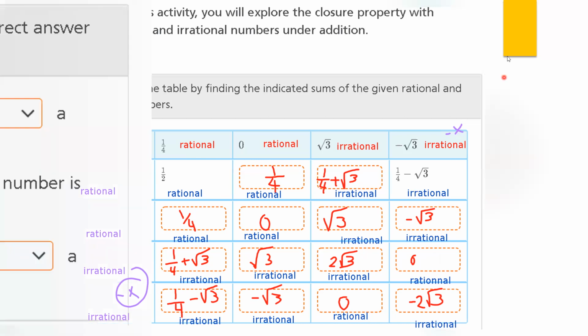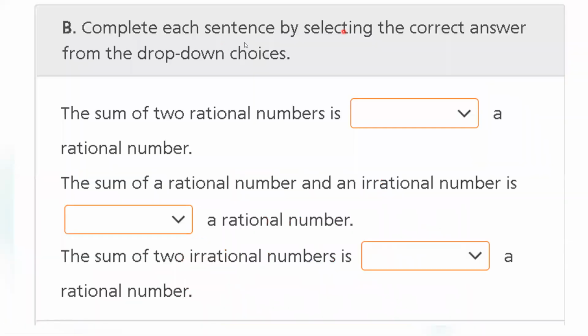Let's write them here now. The sum of two rational numbers is always, never, or sometimes rational? It's always, yes.